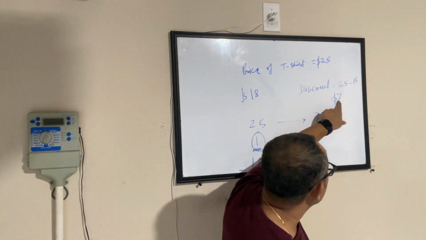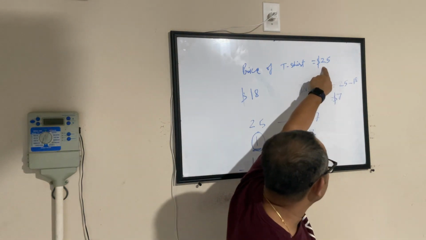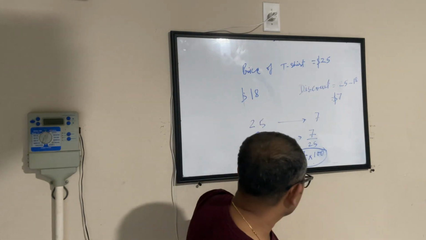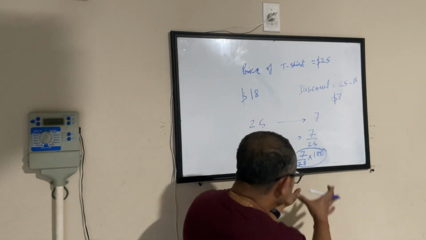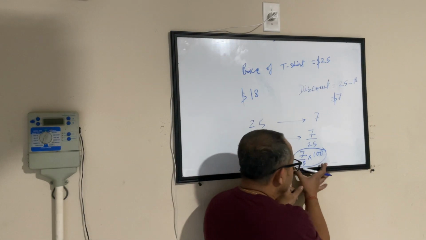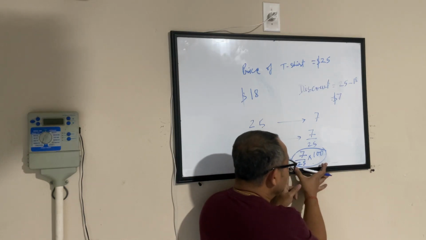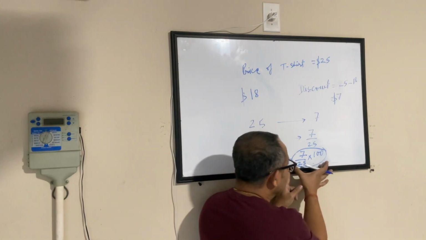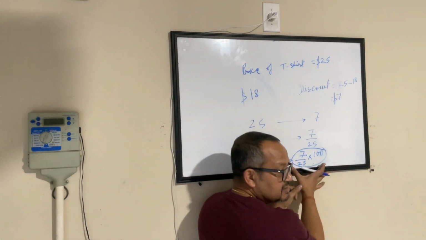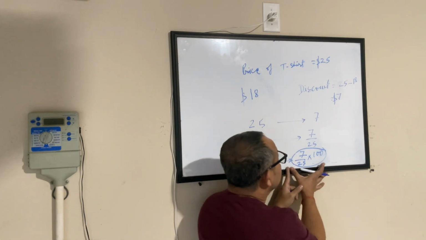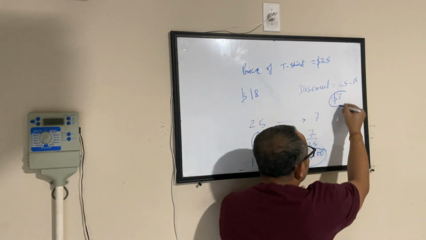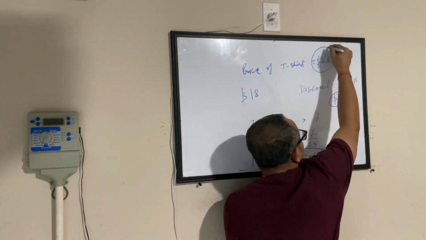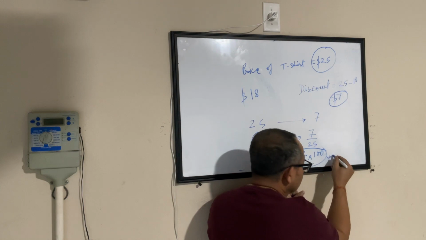I got a $7 discount for a $25 price, and this is how I did the calculation. That is why I keep stopping you from doing all nonsensical calculation, because you will miss the main message. I'm saying a $7 discount for a $25 price gives me this percentage.